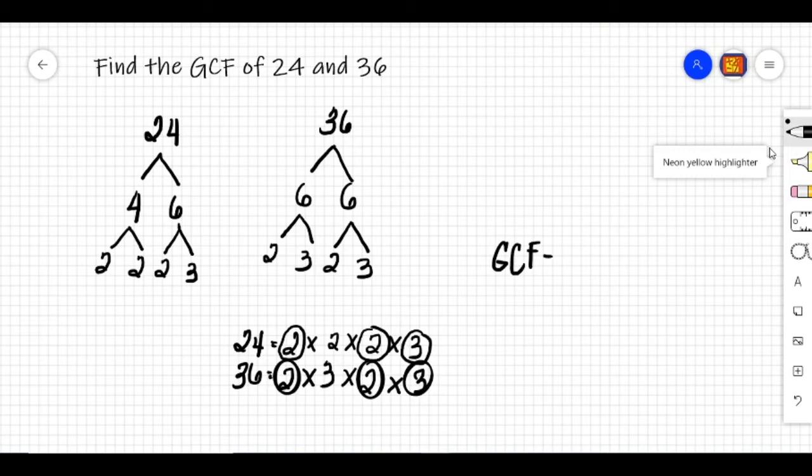So the GCF, we're going to multiply the factors both numbers have in common. We have 2 times 2 times 3. So 2 times 2 times 3 is 12. Therefore the GCF is 12.